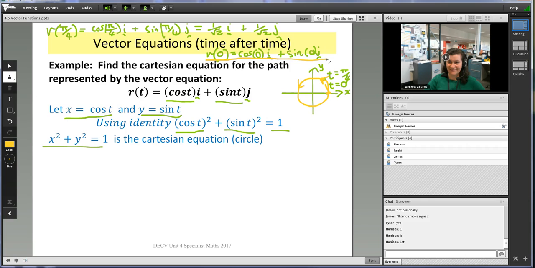It tells us the direction of travel, whereas the Cartesian equation on its own tells us the path, but it doesn't tell us where the object is on the path at any time. In this equation here, we've lost the t information if we're just looking at that by itself. But if we've got it together with the original vector equation, we're okay, we can still work that out.